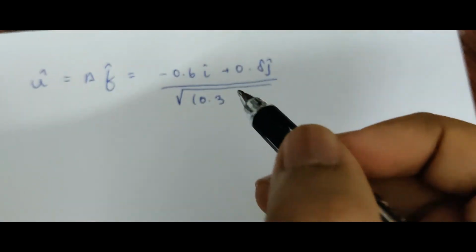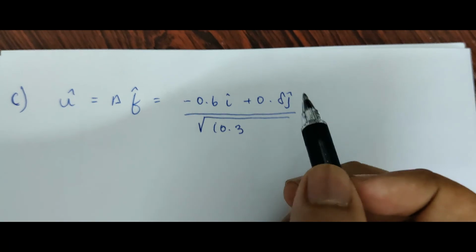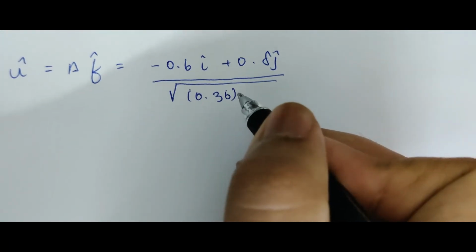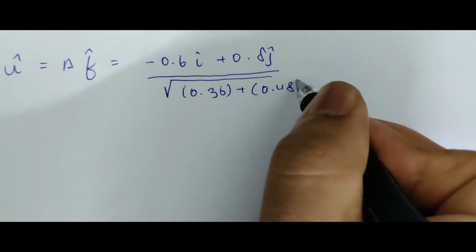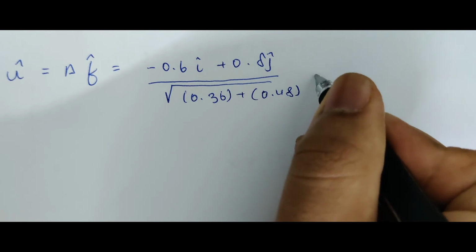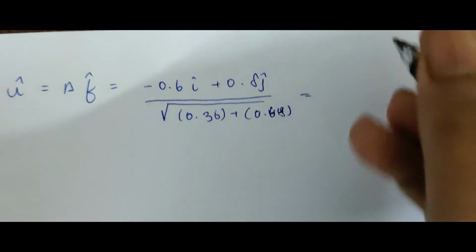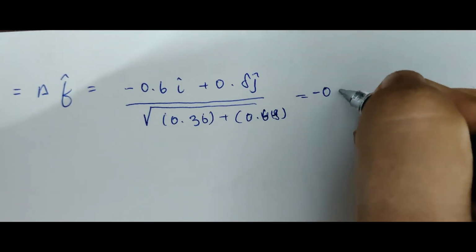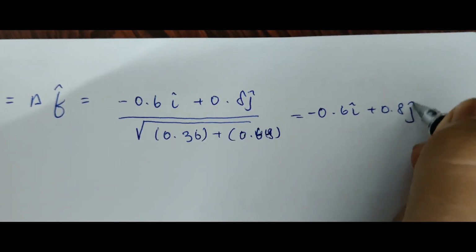It is minus 0.6 i plus 0.8 j cap, and squaring, 0.36 plus 0.64 equals 1, so the unit vector is minus 0.6 i cap plus 0.8 j cap.